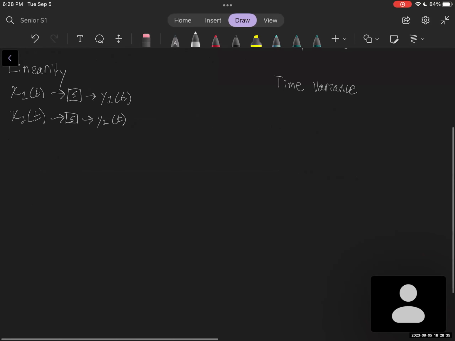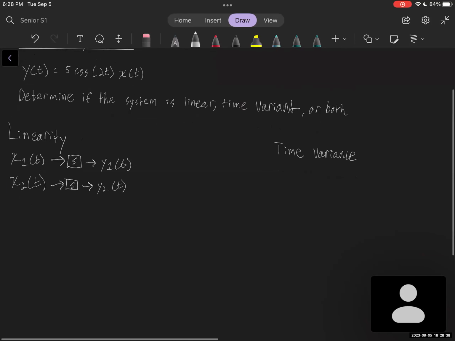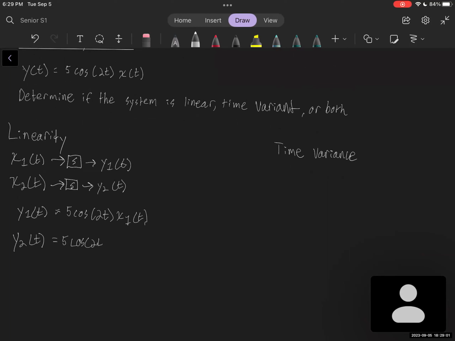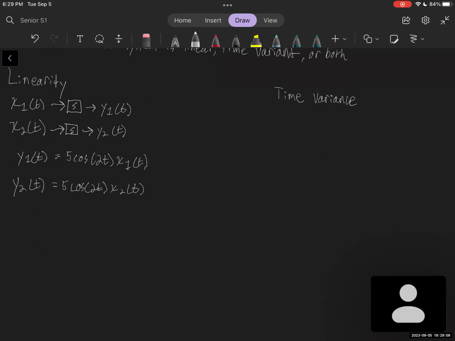We can define y1 of t and y2 of t as 5 cosine of 2t times x1 of t for y1 of t, and the same times x2 of t for y2 of t. Those are our outputs when we input our two input functions separately.